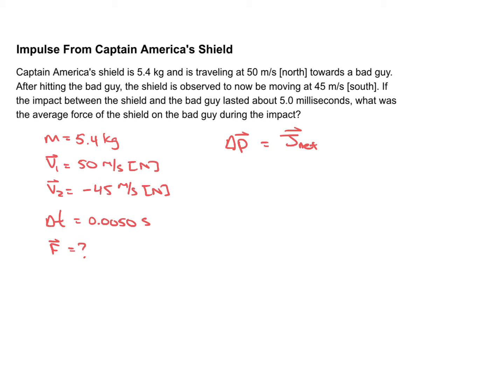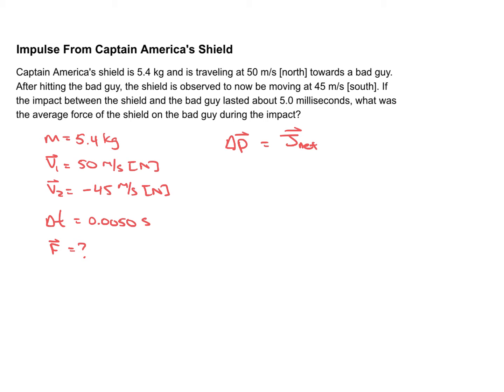So here, I guess we're assuming that the shield is the only force on the bad guy that doesn't cancel out, like gravity and normal might cancel out. So the shield's force will end up being the net force.